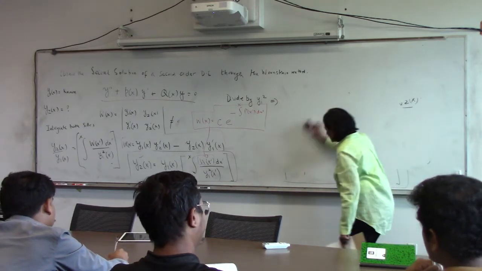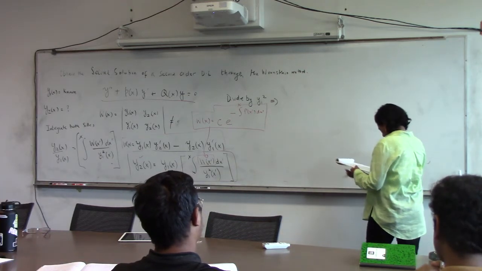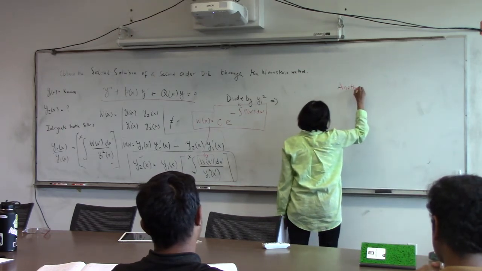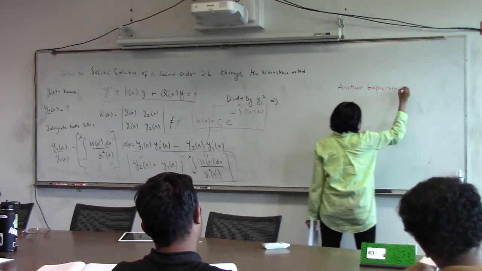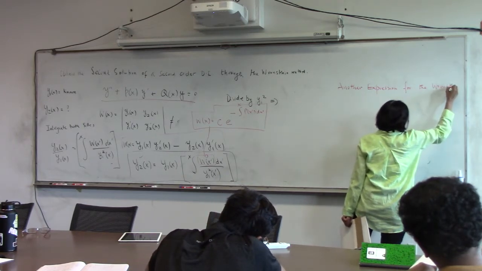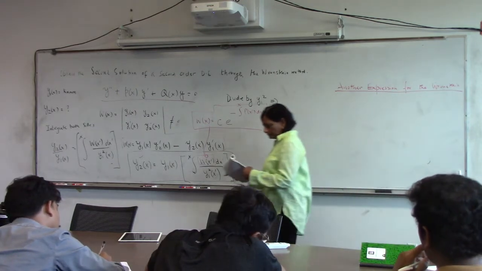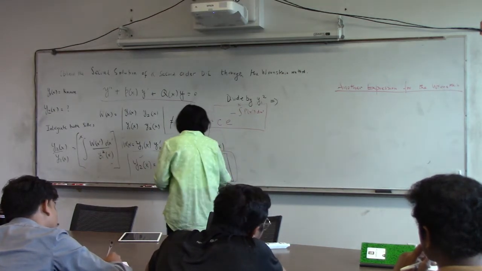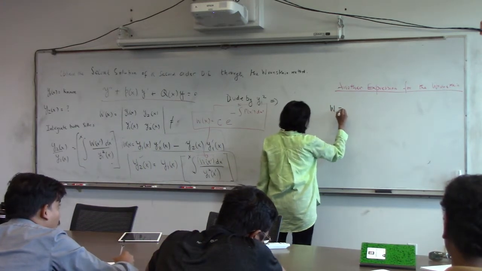You should know both forms of the Wronskian. This is the formula that I know originally, right?